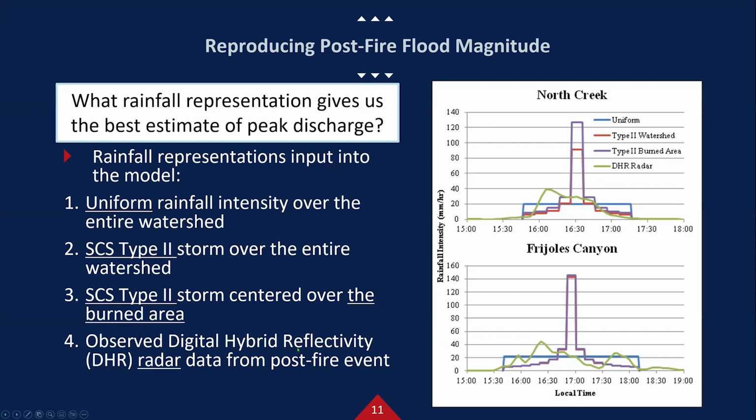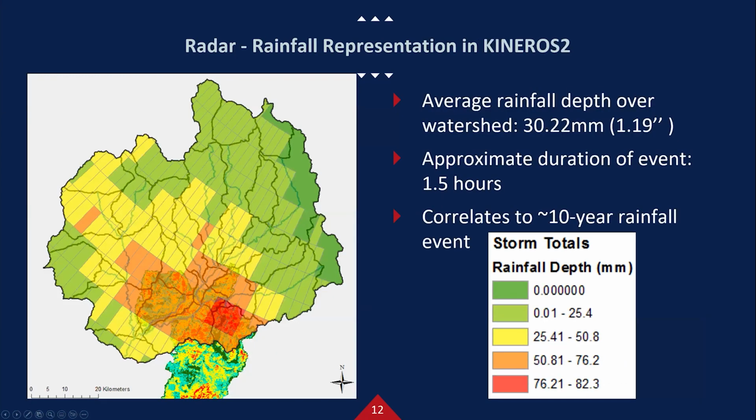So now let's take a look at the results. Here's what the radar looks like over the Zion area. So this is a color ramp of the rainfall depths, the total depth of the storm.